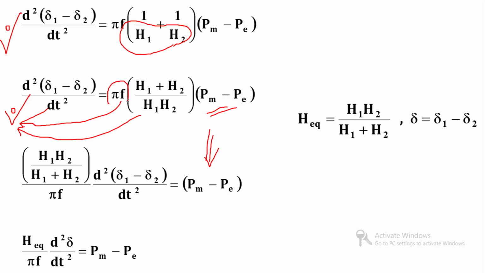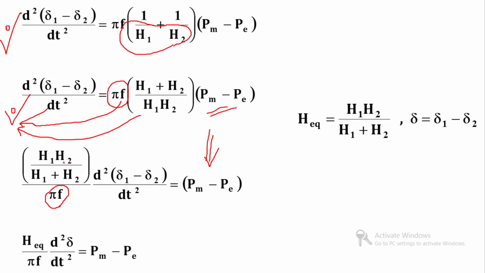So this pi f is in the numerator, so it comes to the denominator, and this part also comes to the denominator, but I have written it in the form of a numerator. So H1 comes to the numerator, H1 plus H2 comes to the denominator. So this is the equivalent H, this is the equivalent delta of our standard swing equation.